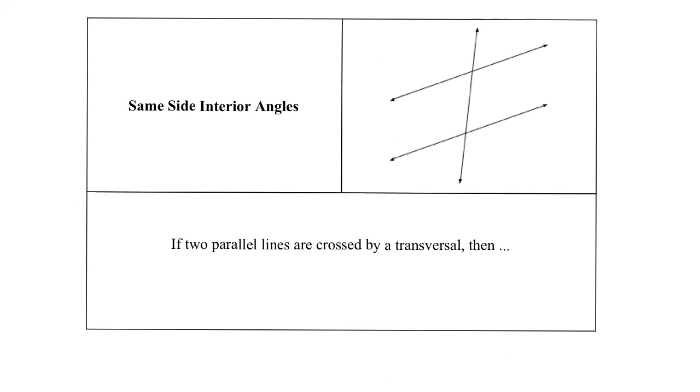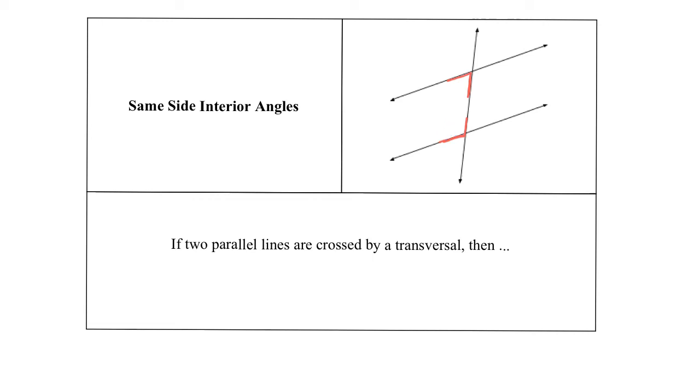So if we're not alternate, then that must mean we're same side. Same side means that both angles are going to be on the same side of the transversal. So this one says same side, and we're in the interior. So I'm talking about, say, this angle right here and this angle right here. Notice I use different markings because one of them is acute and one of them is obtuse.